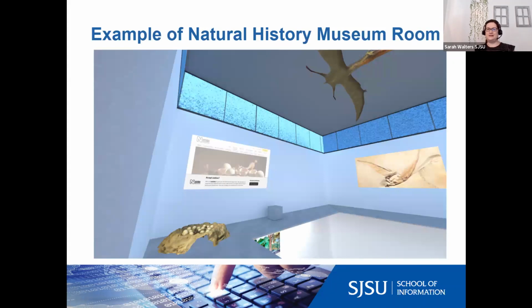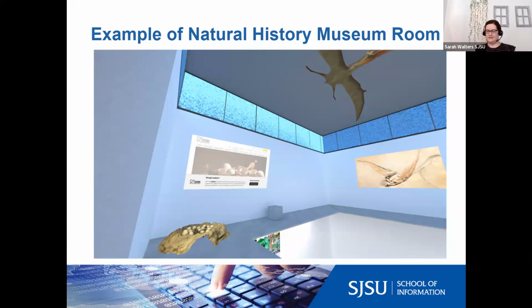So just for fun, after making the VR graduation party room, I thought, what would be another interesting way to use Hubs? So I thought about making a natural history museum gallery, just as a proof of concept idea. In the bottom left corner, that's a 3D model of a dinosaur nest.